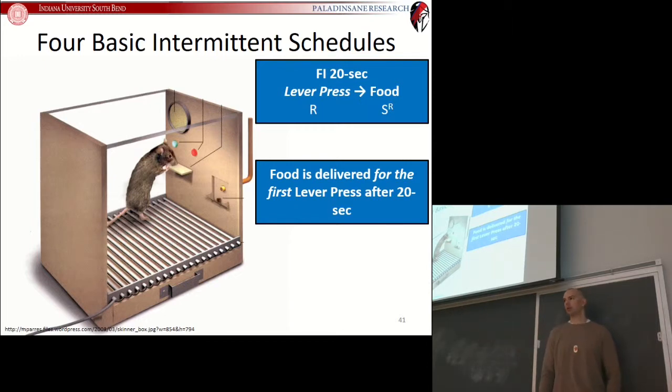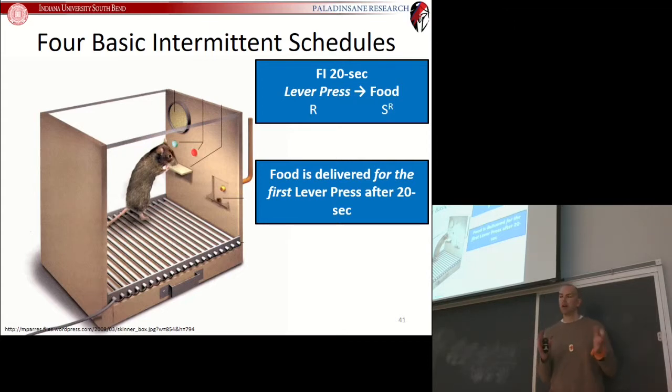Nothing is going to happen. But once that 20-second interval expires, that first lever press is going to lead to reinforcement. So if Sniffy had a watch, he would just be sitting there going, all right, 17, 18, 19, 20, cool. Boop. Get myself some food. All right, let's start it up again. 1, 2, 3, if he had a watch.